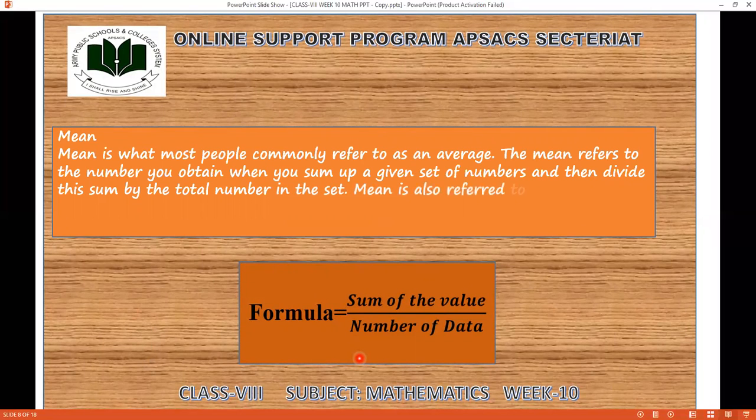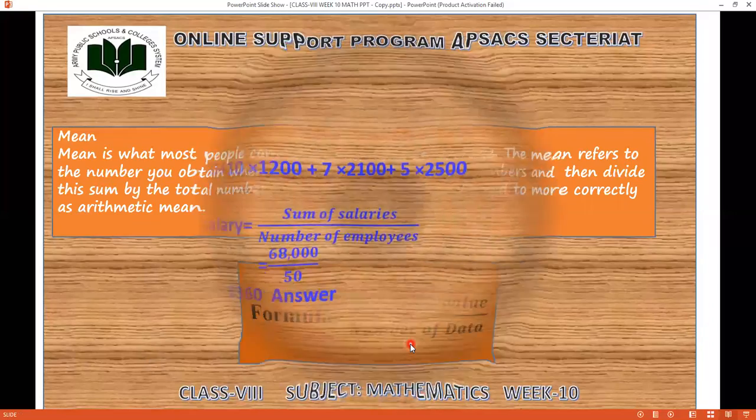Mean is also referred to more correctly as arithmetic mean. Let's have a look again at the definition: the mean is the average that we get by adding all the given data and dividing that sum by the number of data. The formula is given over here: sum of the values divided by the number of data.